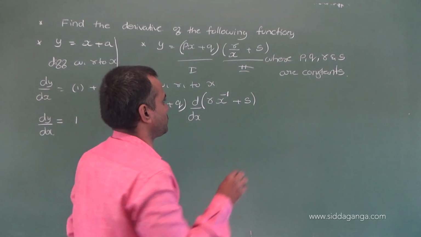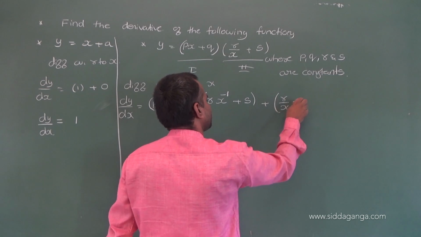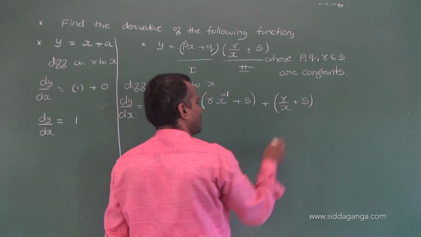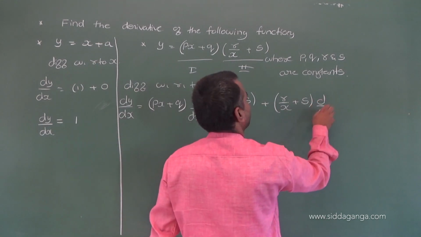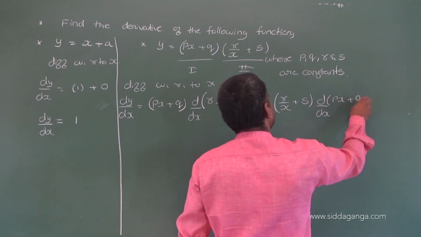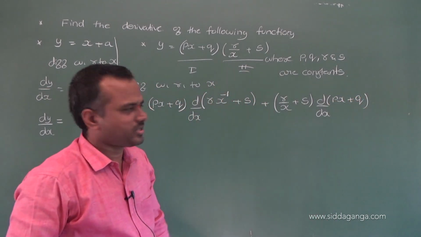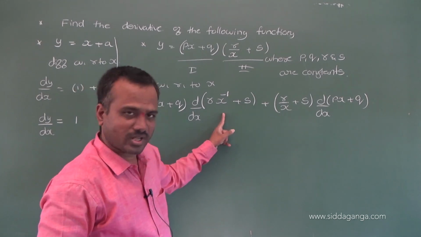Okay, here only I shift, plus. Second function, r by x plus s, as it is, into d by dx of px plus q. P, here there is no problem, because here we are not doing derivative, here we are doing derivative.